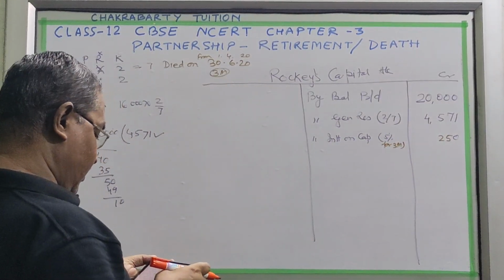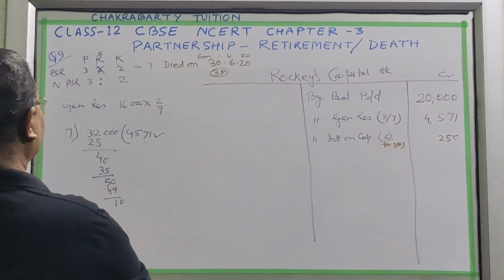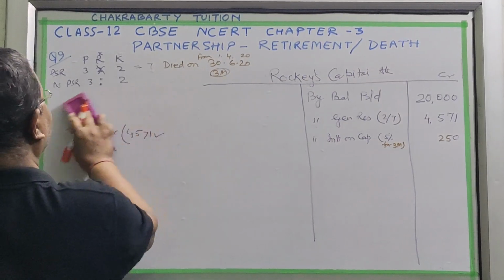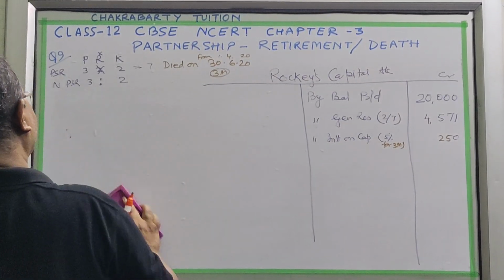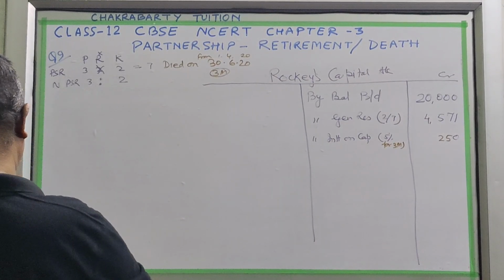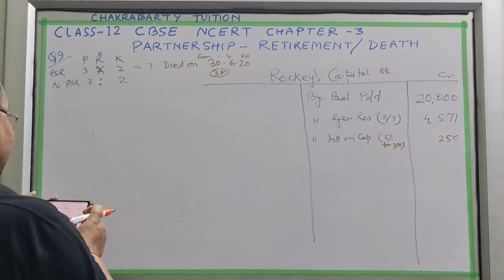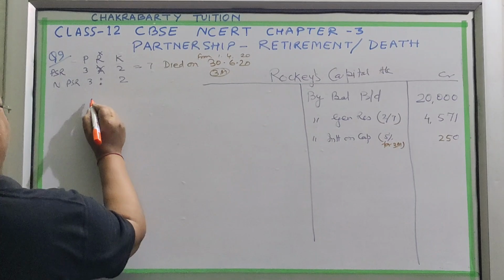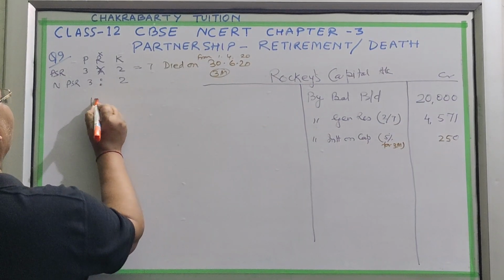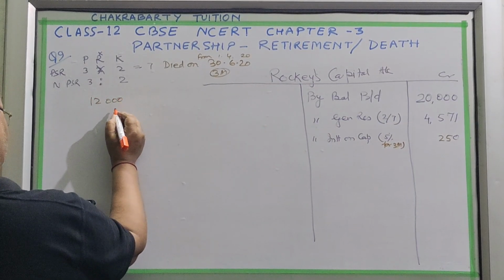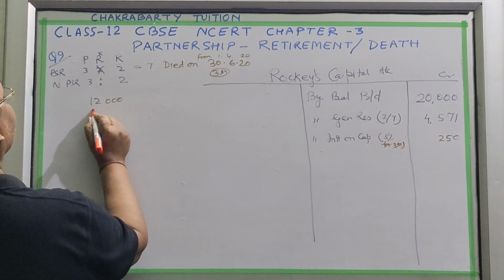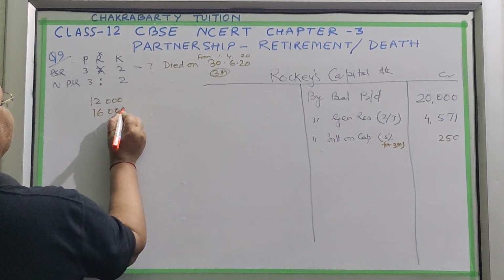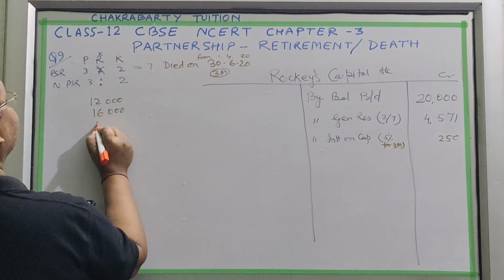Okay. Now we will calculate his share of goodwill. Goodwill is to be calculated on twice the average of the past 3 years' profit. Past 3 years' profits were 12,000, 16,000 and 14,000.